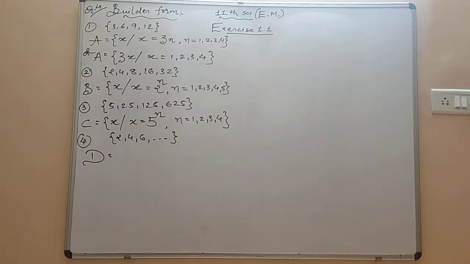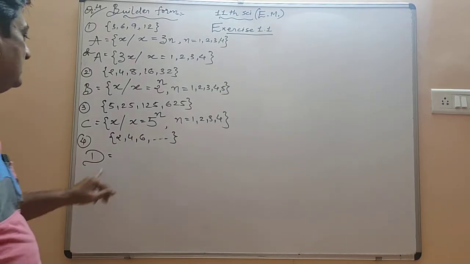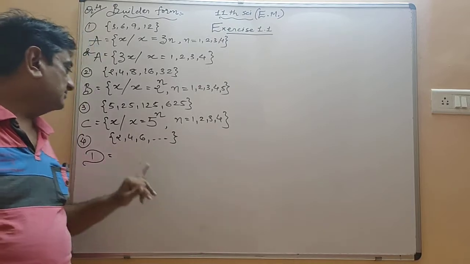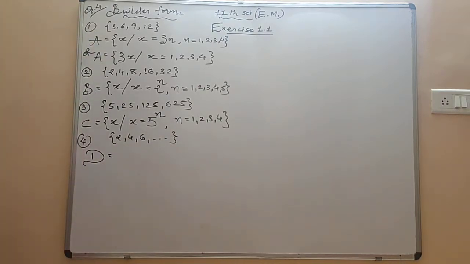First, second and third sums are finite sets because the number of elements is finite. We can count them, but here we cannot count the last element. So it is an infinite set. So 2, 2 2s are 4, 2 3s are 6, 8. So it is a table of 2.